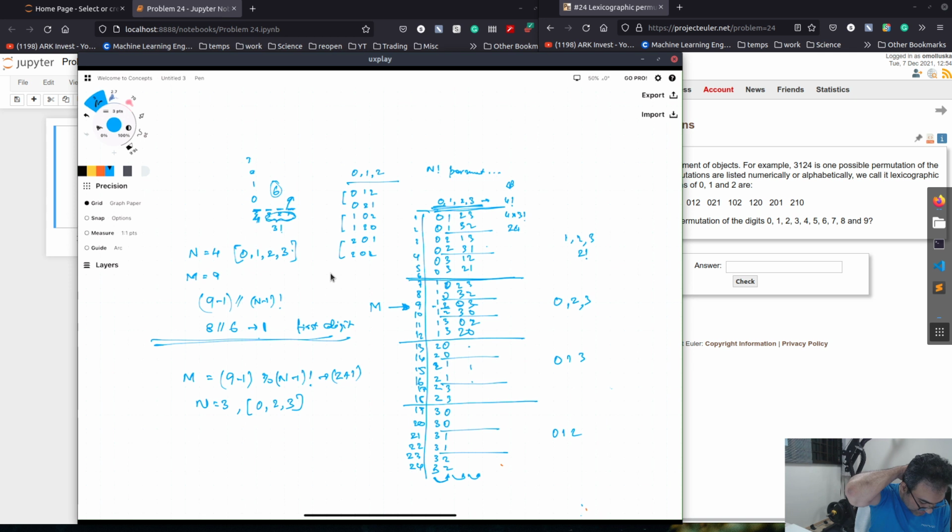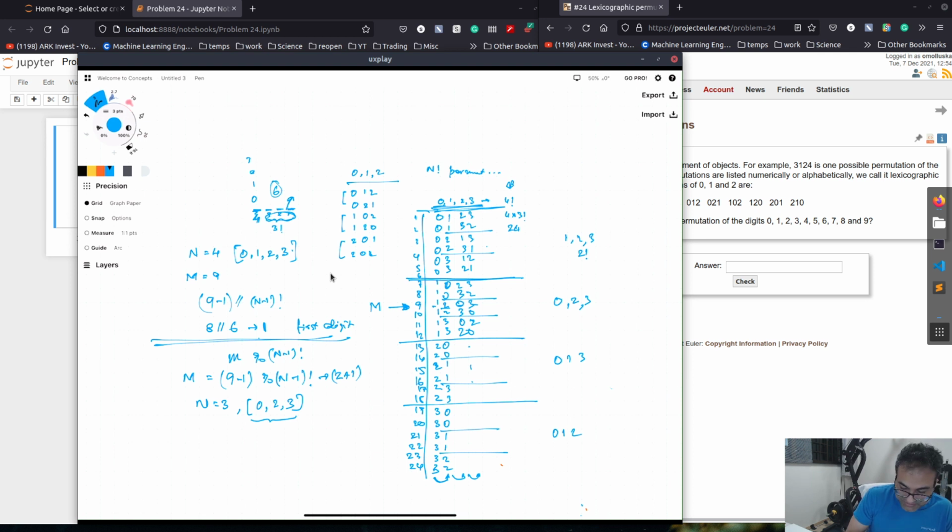So m used to be, this is m percentage n, m percentage n minus 1 factorial. So whatever we get, that becomes m. So now that we have m, we reduce n by 1, and then we take a look at what else we have, and then we repeat the process.